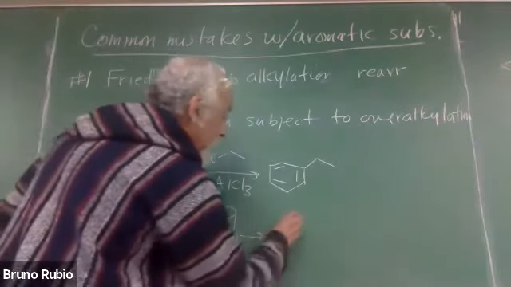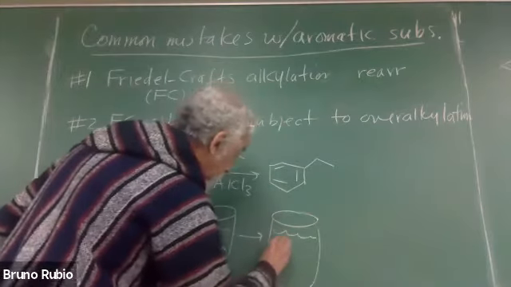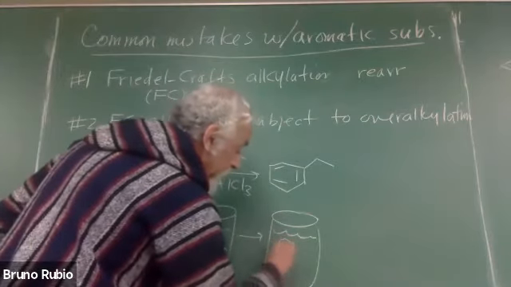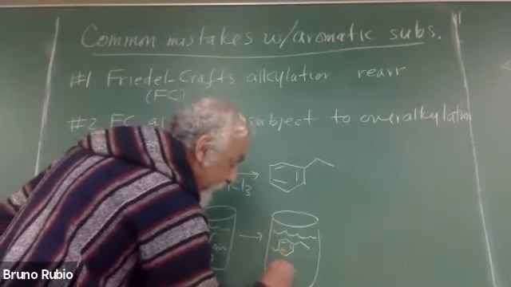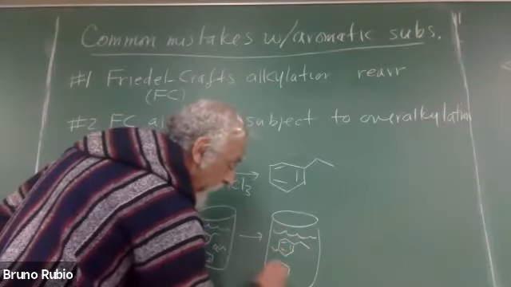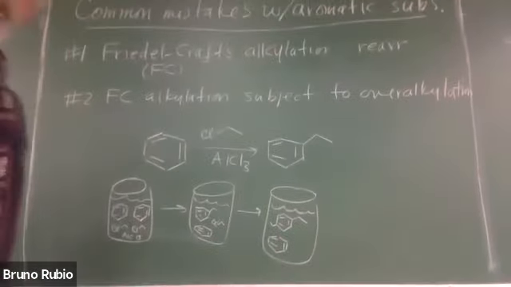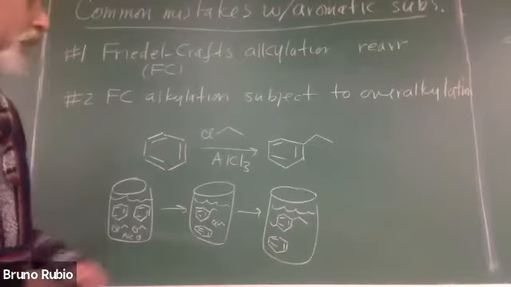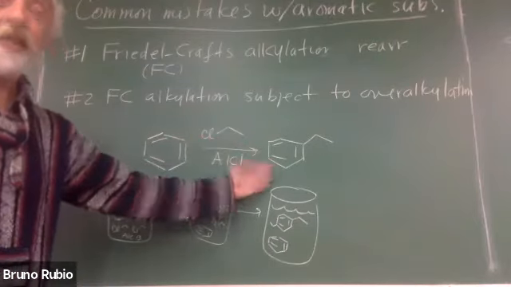So the next little naive picture I could draw here would be that the guy that already underwent alkylation is going to undergo alkylation a second time. So this is not the recipe for making ethyl benzene.